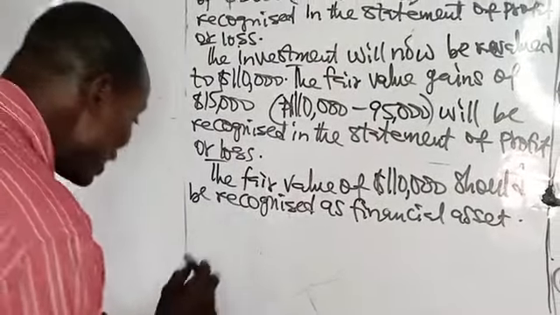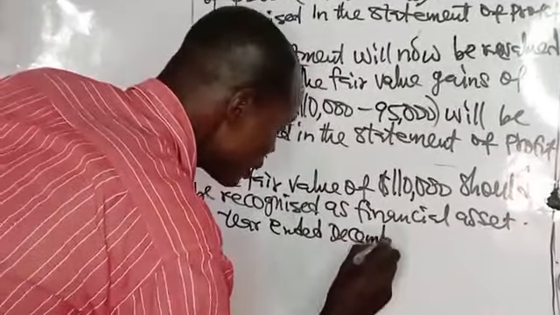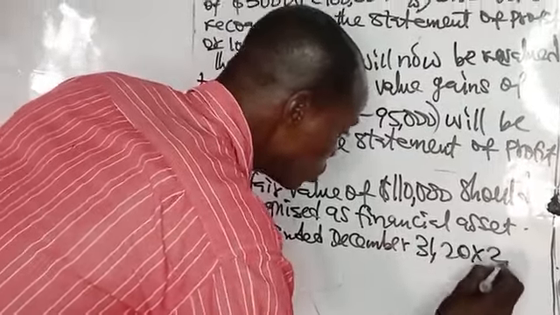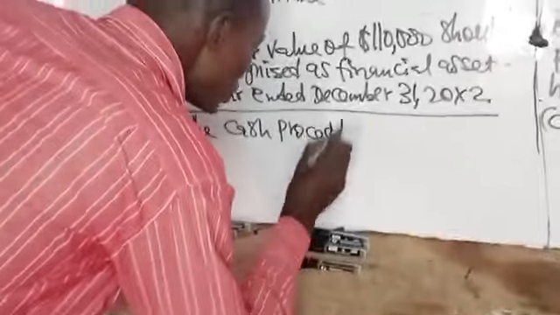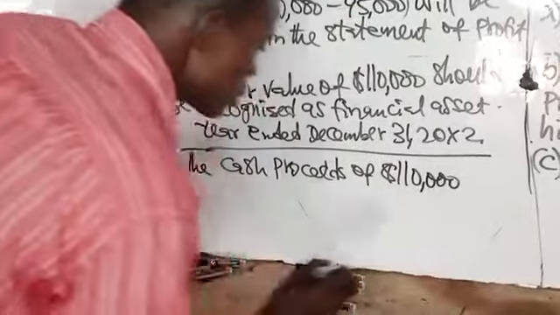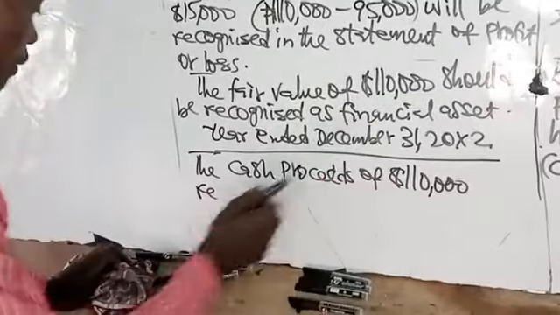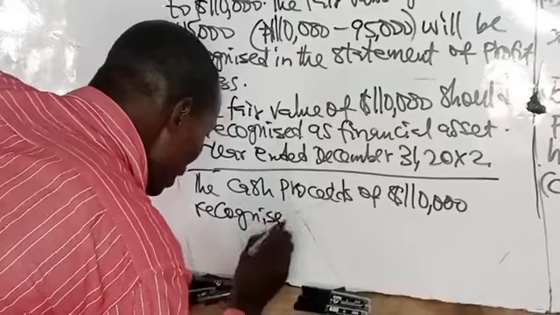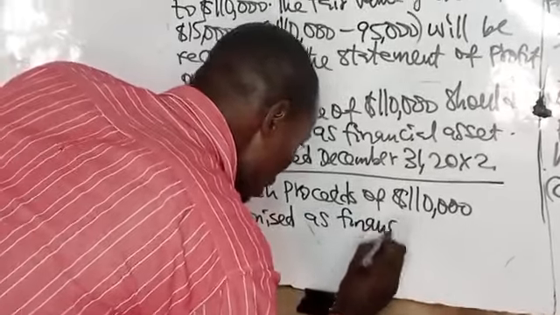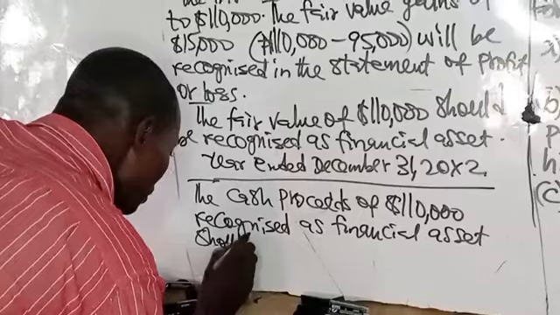Then the year ended December 31st, 20X2: the cash proceeds of 110,000, which was the financial asset before, should be derecognized.